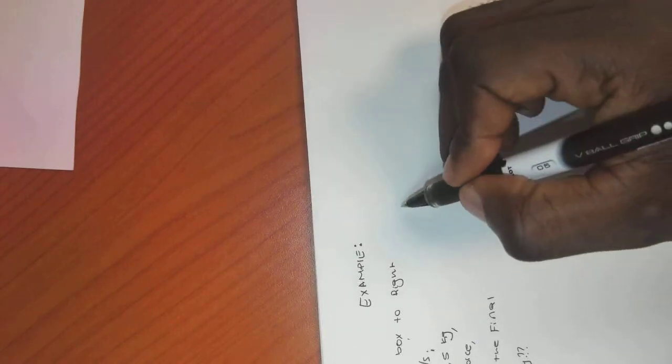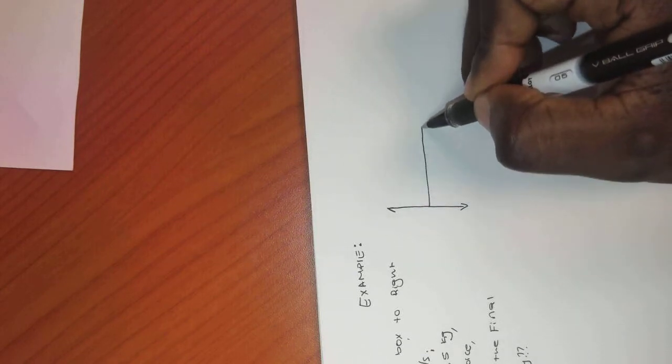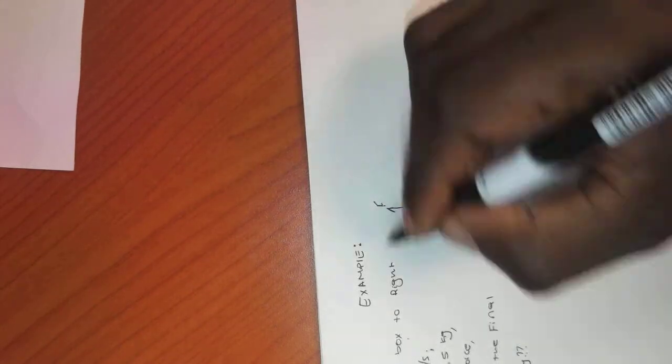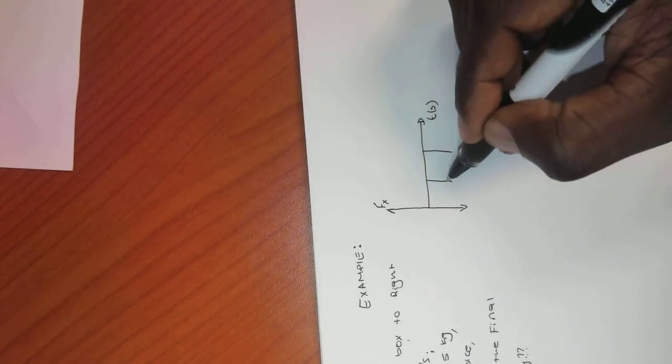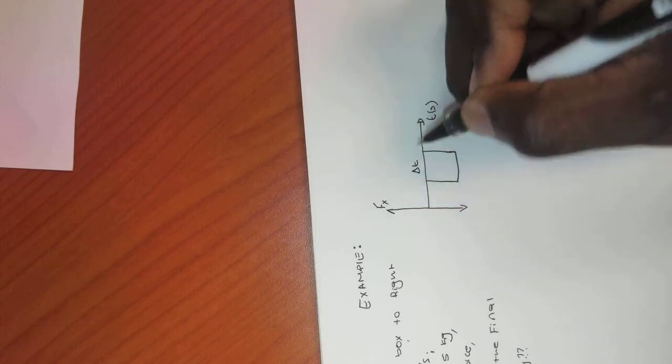Let's represent this using a graph. This is time in seconds. This is F, moving to the right. Let's say it's a positive X. So during this short period of time, change in t, there is a force that is being applied. I'll say this is change in t.